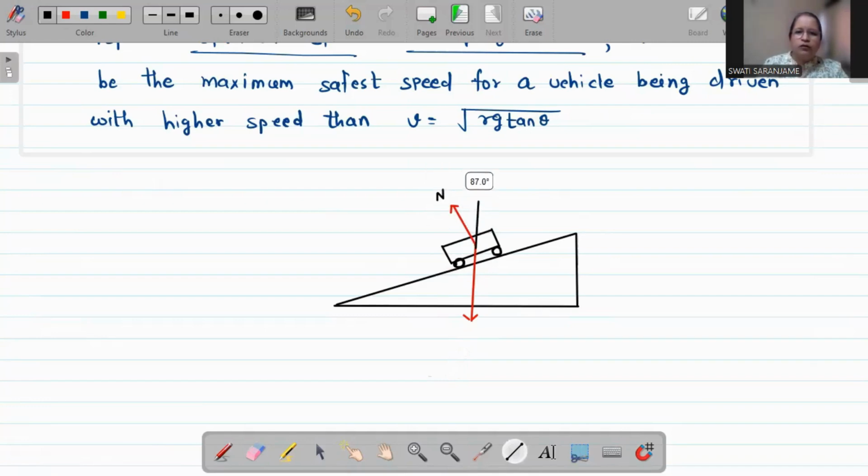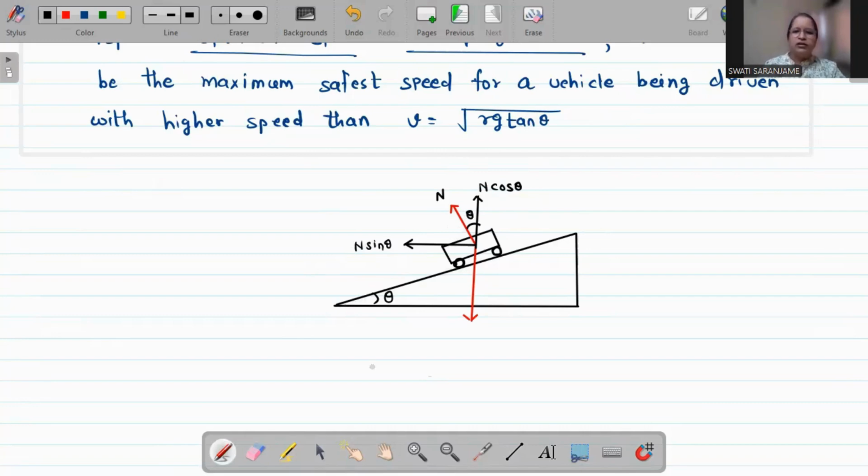One is along mg but in the opposite direction, and the other is towards the center of the circular track, along the radius. These two components are N cos theta and N sin theta. And theta is the angle of banking. By geometry, we will know this angle is also theta.